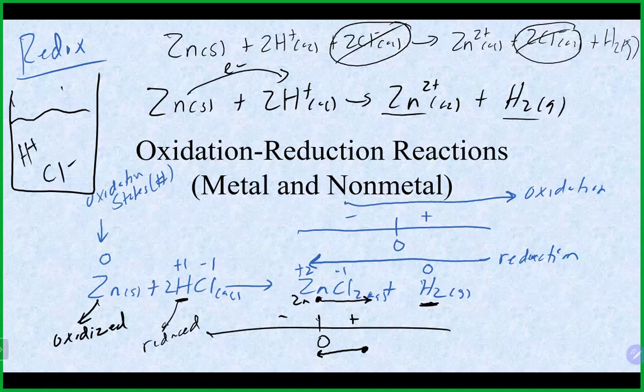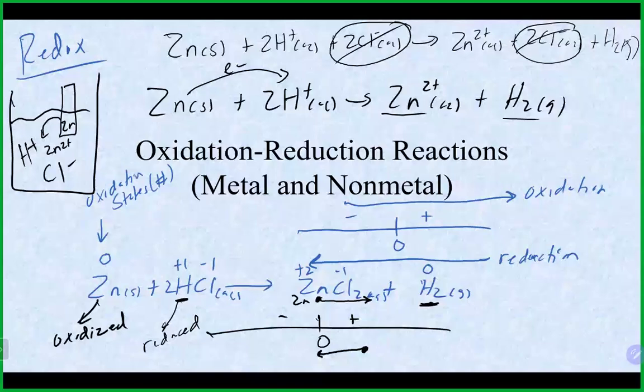So let's just say I had a solid piece of zinc just hanging out in that solution. What's going to happen is when the zinc loses electrons, it's going to go from solid and go for a swim basically into the solution. And when those hydrogens gain those electrons, it's going to come out of the solution as bubbles of hydrogen gas.